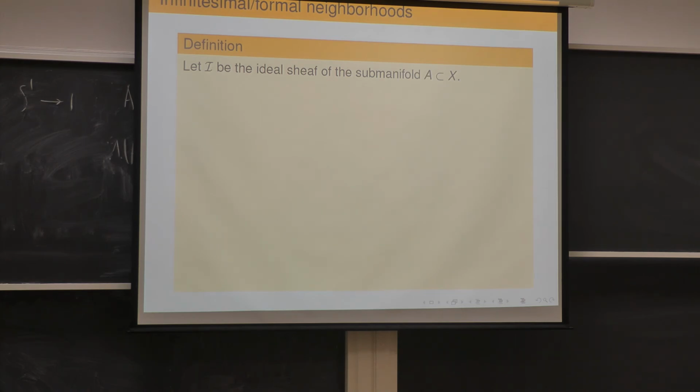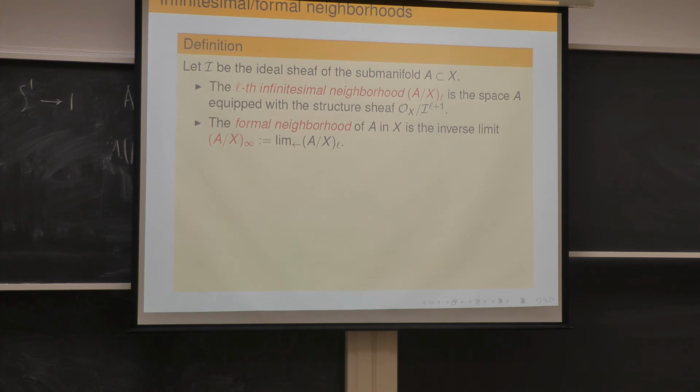So I will define it. If I is the ideal sheaf of the submanifold, then we consider the infinitesimal neighborhood. This is the space equipped with the structure sheaf O over I to the power L plus one.